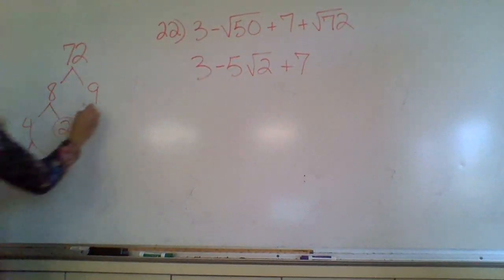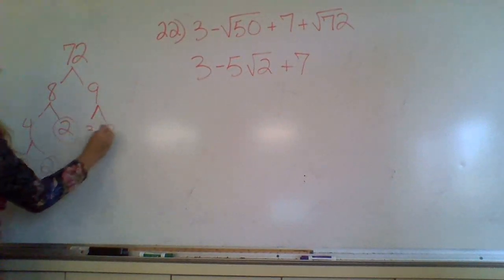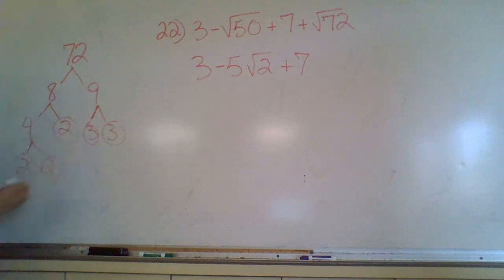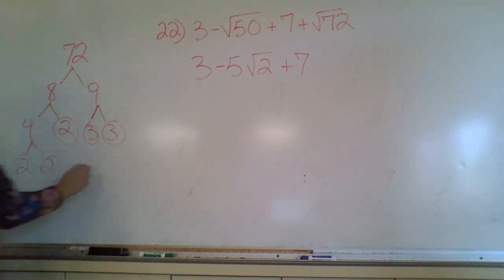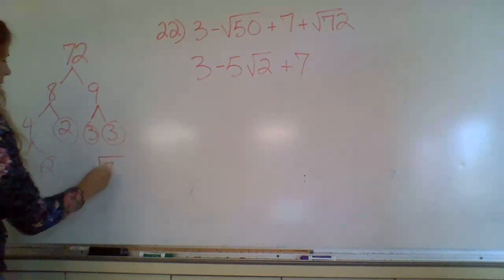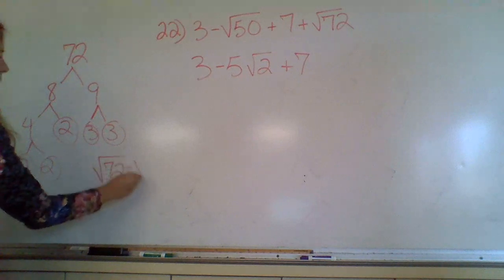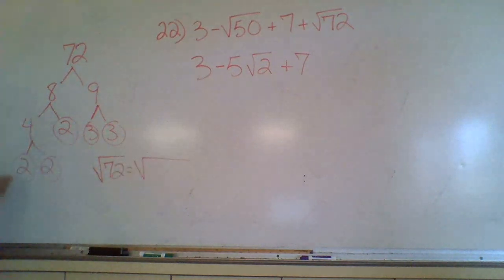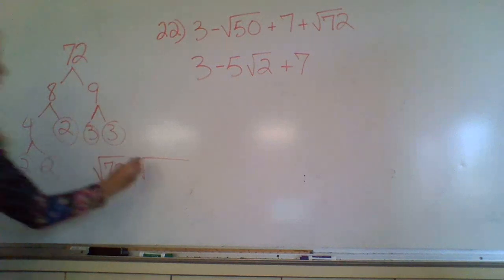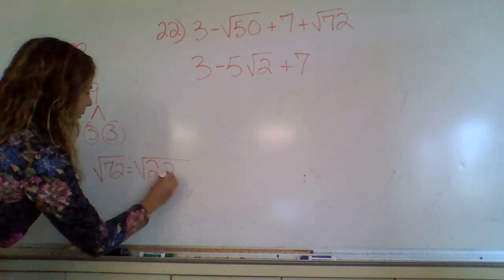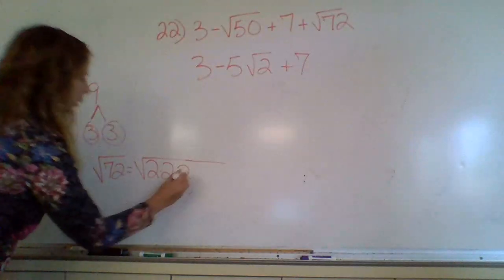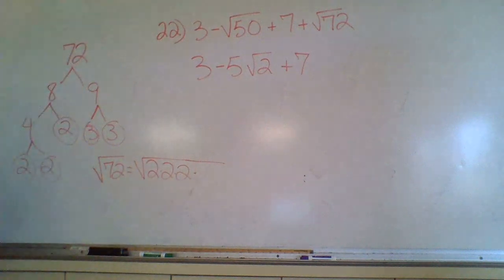And then 9 is 3 times 3. All right, so we'll go down here again. The square root of 72 is equal to the square root of its prime factors. So I have 3 2's and I have 2 3's.